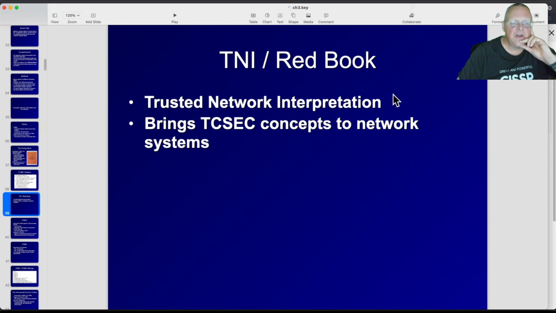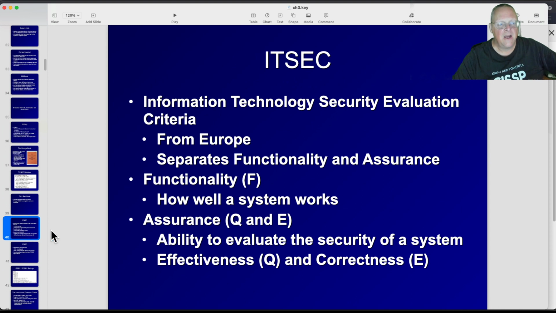So the Red Book was the network version of the same thing to try to define security levels for network systems. And then the ITSEC was the European system to do the same thing, developed a little bit later, and it rated things in 3 areas: functionality, which is whether it works, and assurance, which is whether you can evaluate the security of it, effectiveness and correctness.